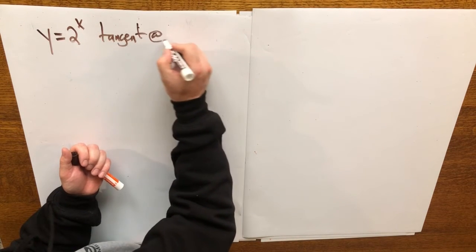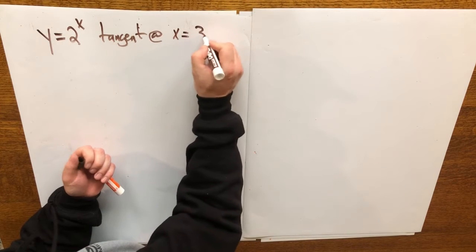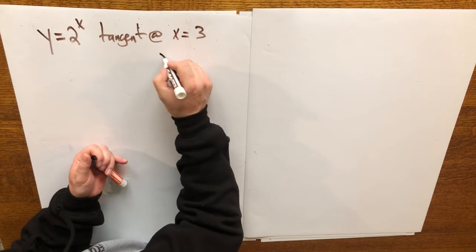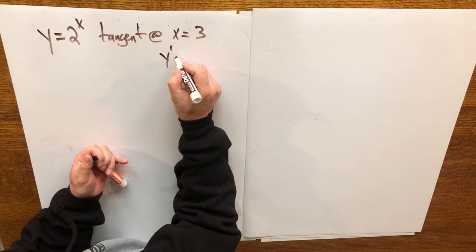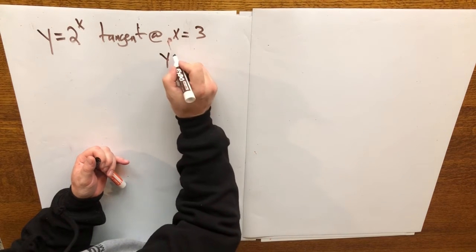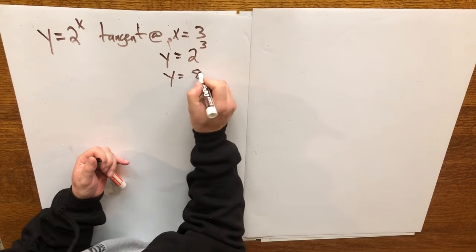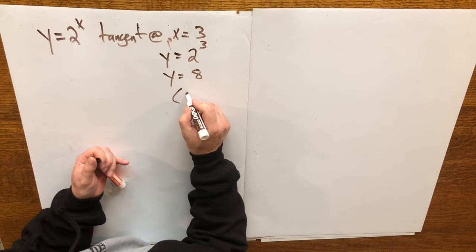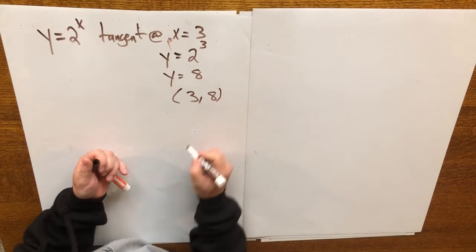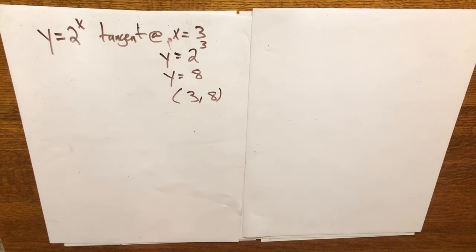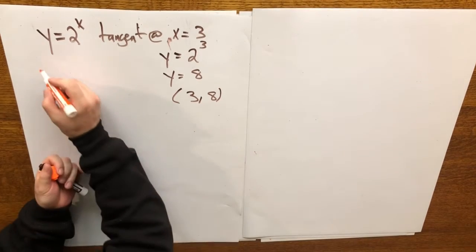Find the tangent at x equals 3. So y would equal 2 to the 3, y would equal 8. So we have an ordered pair of 3 comma 8. We want to find the equation of the tangent line there. That means we've got to take the derivative.